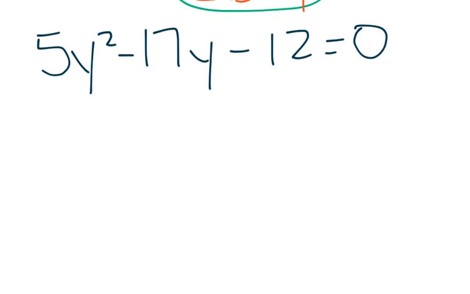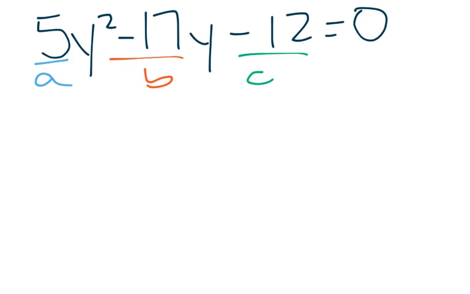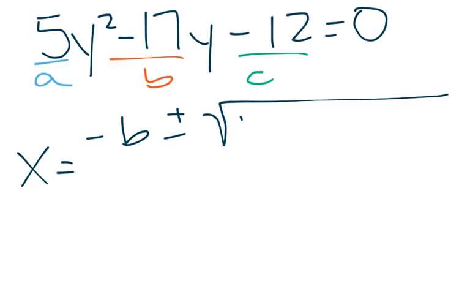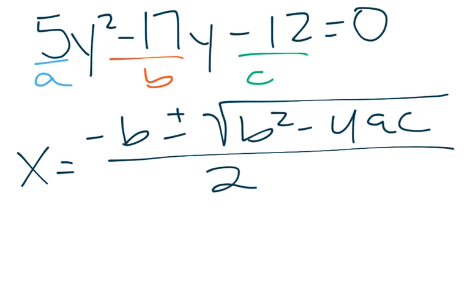So now we can really label these. So we have A, B, and C. So once again, we're going to use our quadratic formula. So x equals opposite b plus or minus the square root of b squared minus 4ac all over 2a.